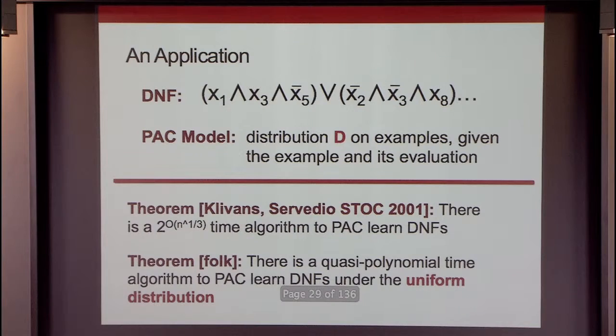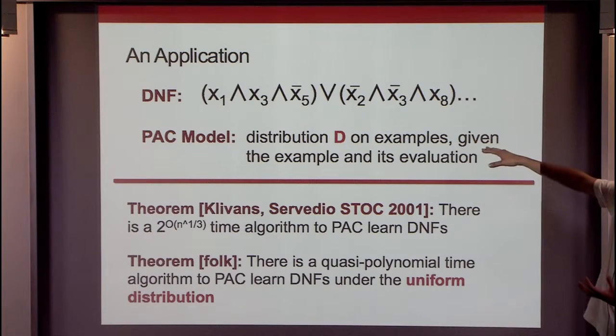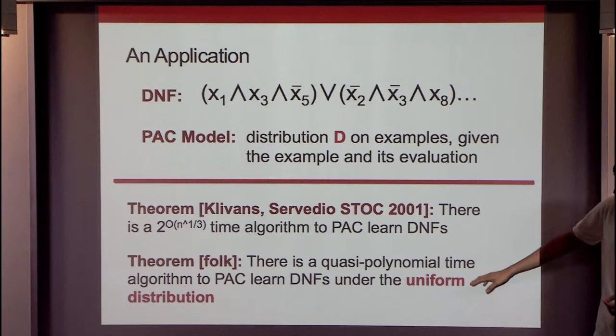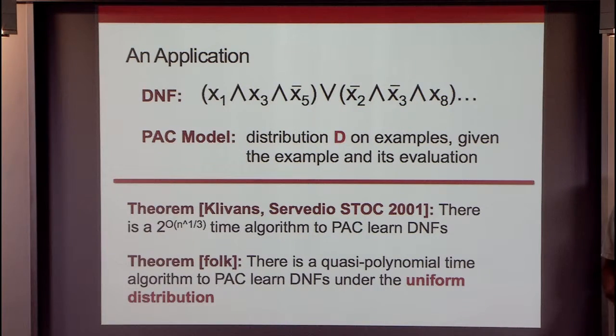But even when you look at natural distributions, it actually becomes even worse. Because what if I allow my distribution to be uniform on the hypercube? It's very natural to start with a distribution like that. Then the best known result there is actually just the simple folklore result, who knows who to attribute it to, that you can run in quasi-polynomial time.